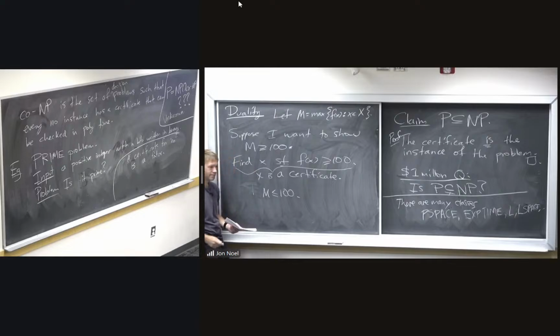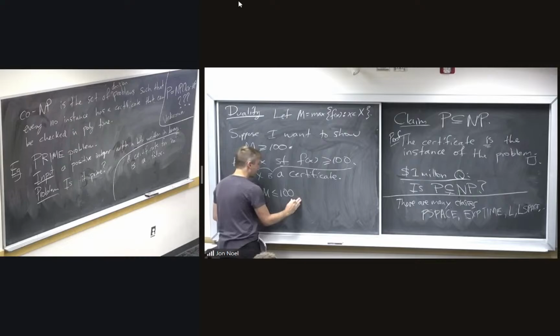That problem seems much worse. No matter what I've checked, even if I've gone through many values of x, there could still be one where the answer is larger than 100. So this becomes much harder, or at least seemingly harder.